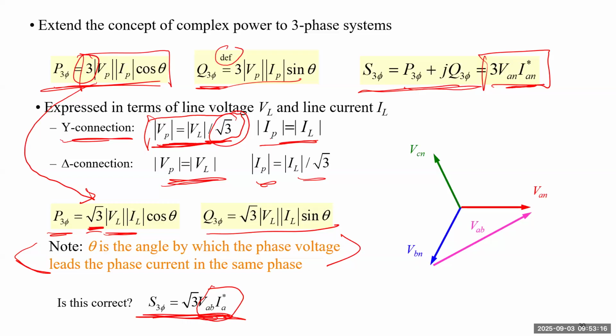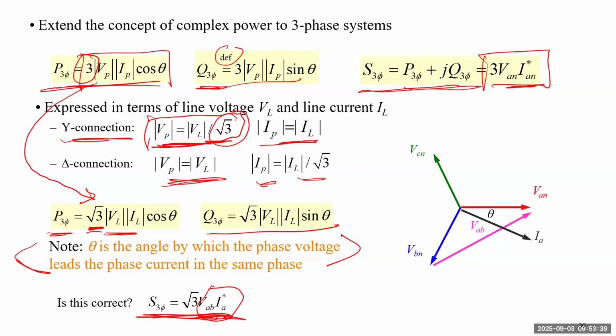We already proved VAB will be leading VAN by 30 degrees, and is longer. VAB is VAN minus VBN, which is a phasor starting from the second head to the first head. So this is VAB.